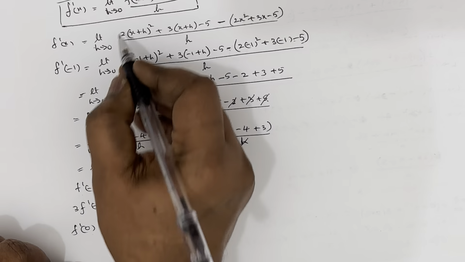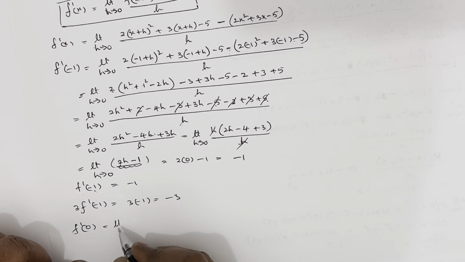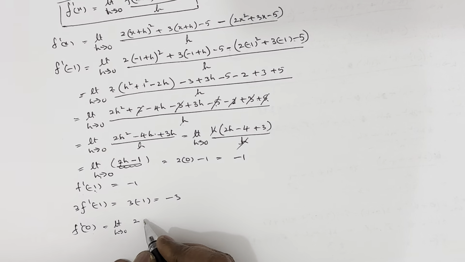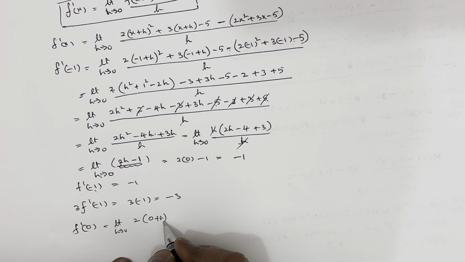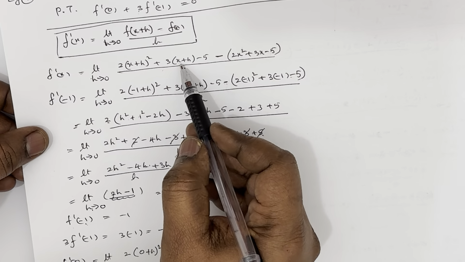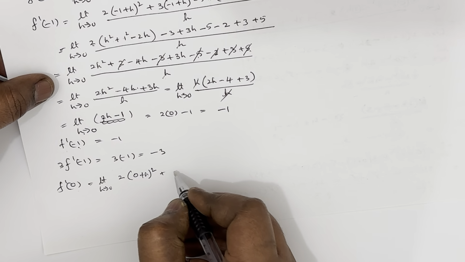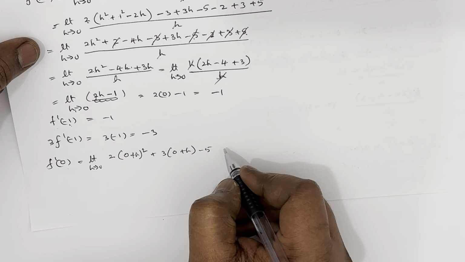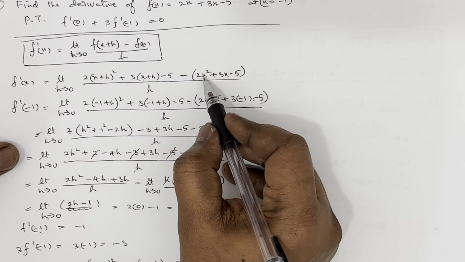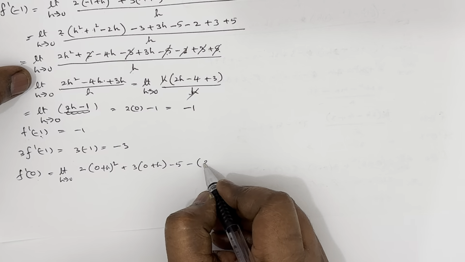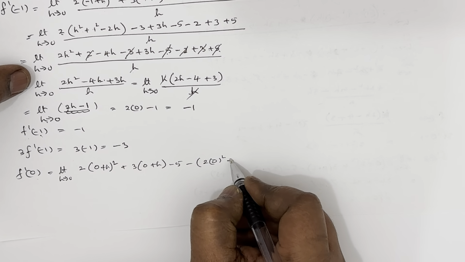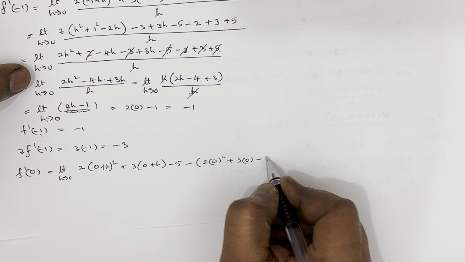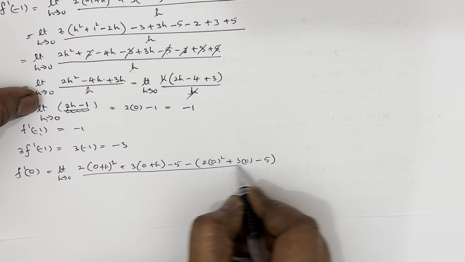That is limit h tends to 0 of, now here instead of x we put 0, 2 times 0 plus h whole square, okay, plus 3 times 0 plus h, minus 5 minus 2 times 0 square plus 3 times 0 minus 5, okay, upon h.